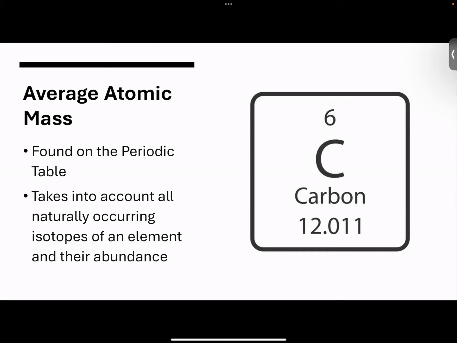But the other 1% that I dig up is going to be carbon 13, meaning it's going to have 6 protons and 7 neutrons. So again, this number is the average atomic mass, and it takes into account all naturally occurring isotopes and their abundance.